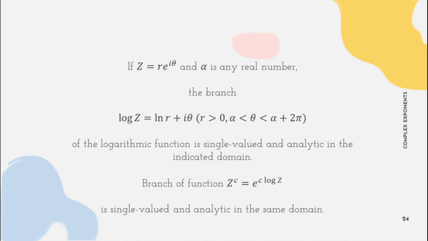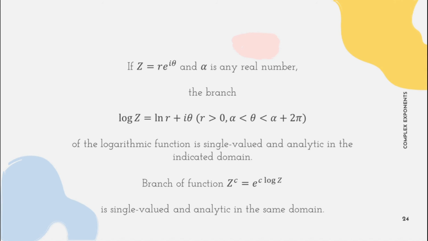We have known that if z is equal to r exp(i theta) and alpha is any real number, the branch of the logarithmic function is the equation log z equal to ln r plus i theta, where r is positive and theta is on the interval from alpha until alpha plus 2π.